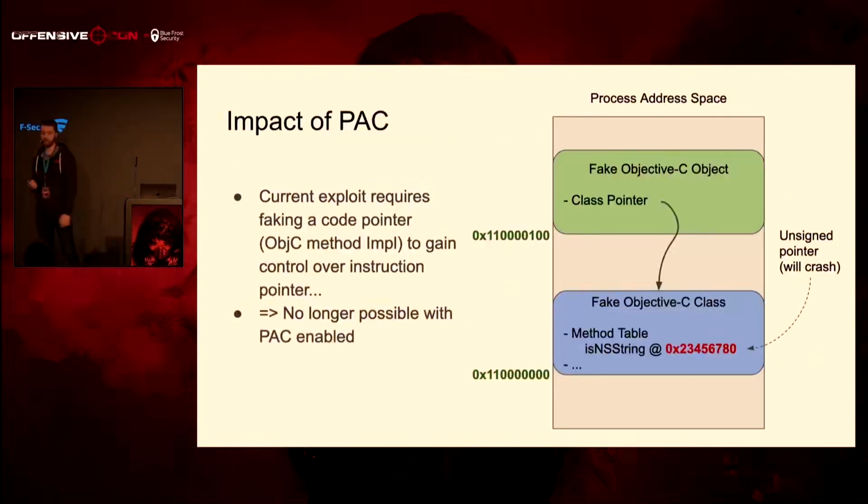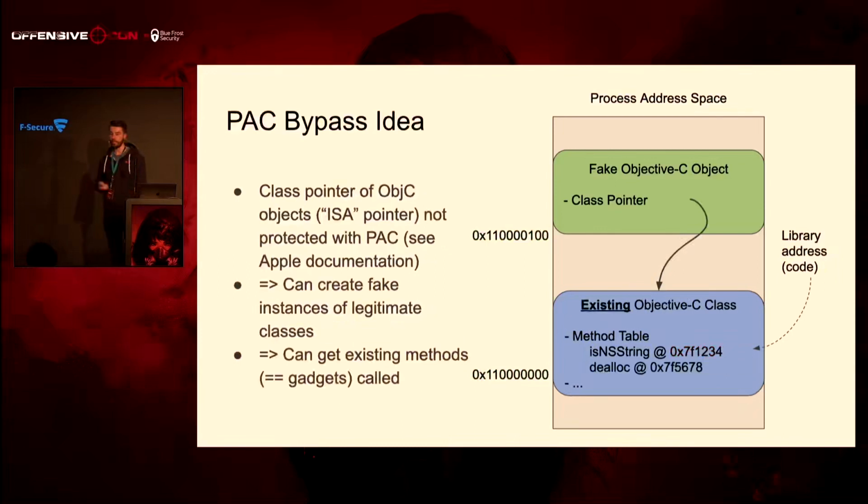So we need to bypass PAC. So this is pretty much what I said, right? We cannot fake these code pointers anymore. The idea for the bypass roughly is that while we cannot fake classes, we can reuse existing classes. And so here in this case, I have a fake Objective-C object, but it points to a real existing class with signed function pointers.